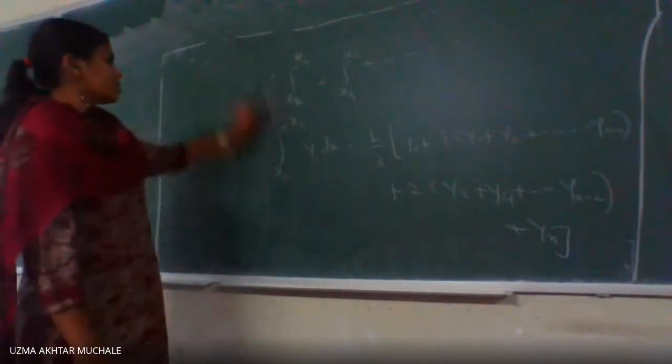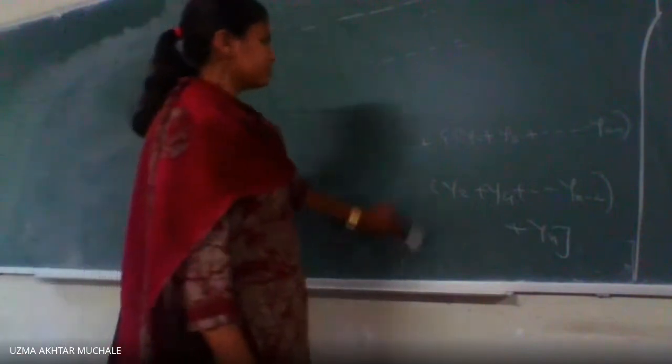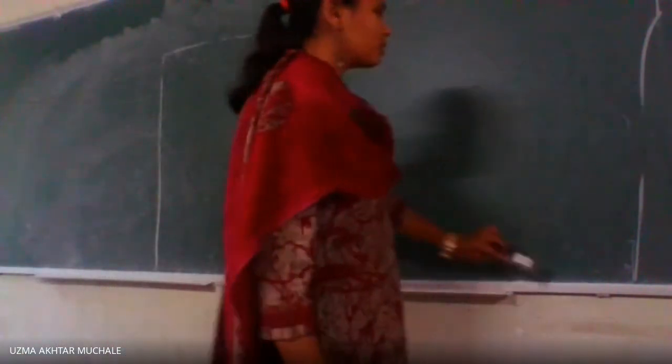Okay, so this is the formula for Simpson's 1/3 rule. Let us go for the next, that is Simpson's 3/8 rule, in which we have to put n equal to 3 in our general integration formula.